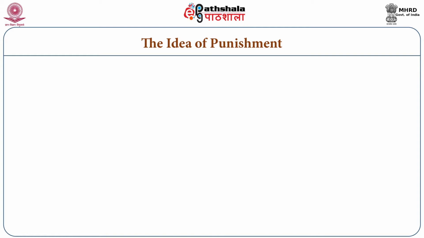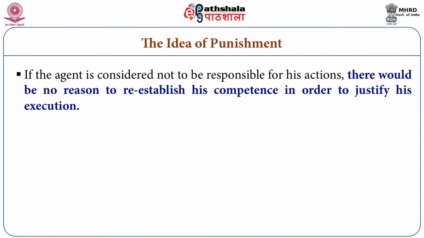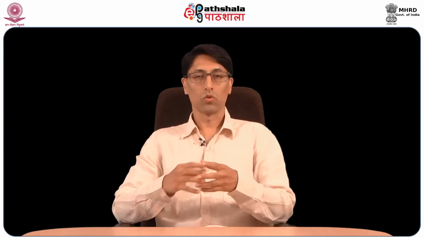requires certain preconditions. If the agent, that is the person who committed the crime, is not responsible for his actions, there would be no reason to re-establish the competency of the agent in order to justify either imprisonment or execution. So one of the crucial aspects of punishing somebody is establishing competence.